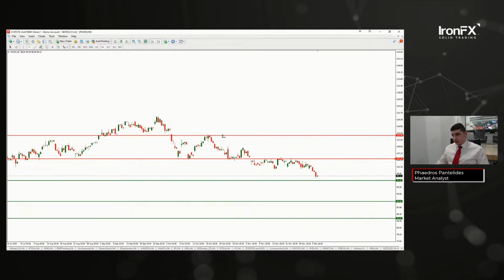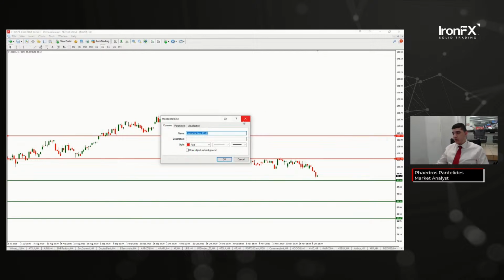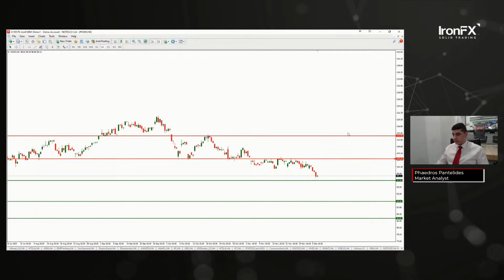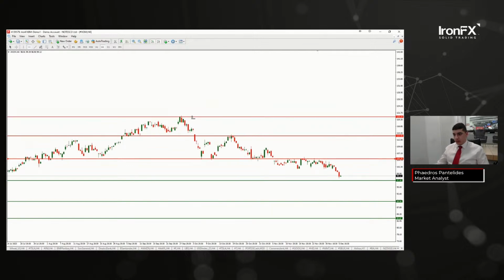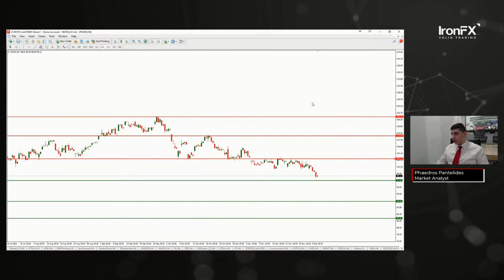Then for R2, this old high, 113.40. And then once again, an old high, 120.25.